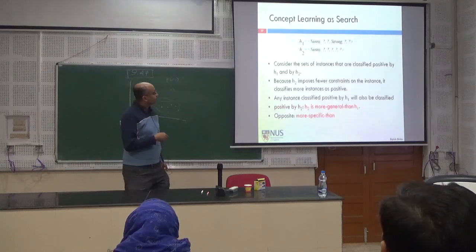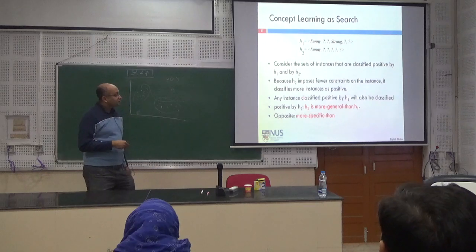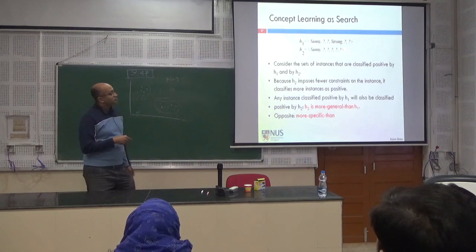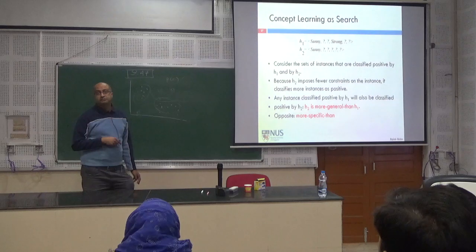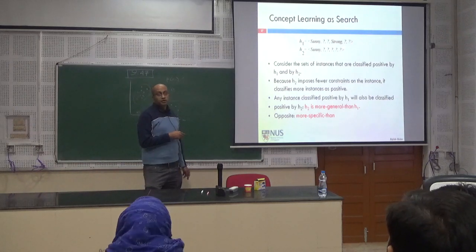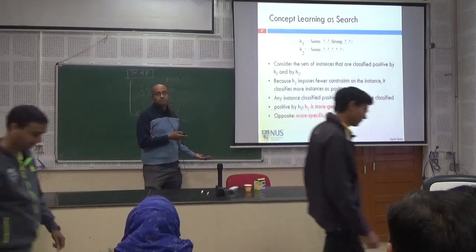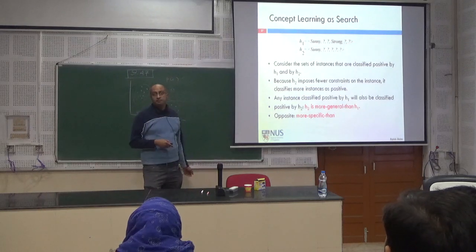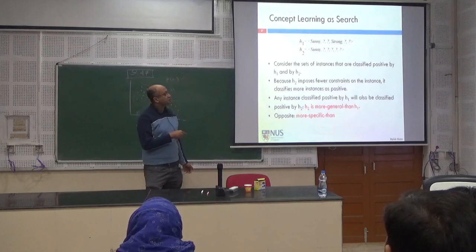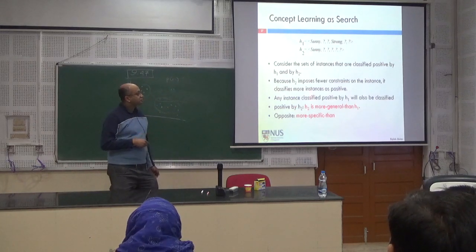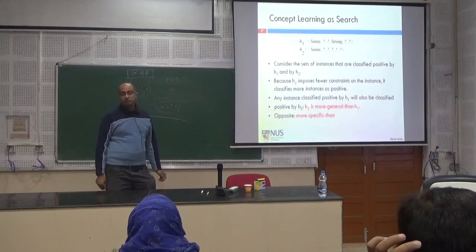But what you also observe is, anything that is classified as positive by this rule will also be classified as positive by this rule. If you are sunny and strong, you are definitely sunny. And this one may classify even weak as positive. So anything this one classifies as positive, the other also classifies as positive. Then we say H2 is more general than H1.